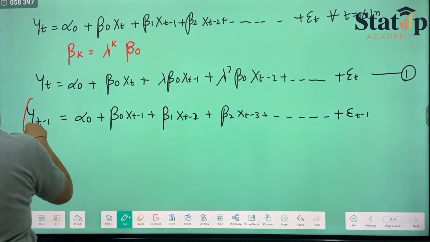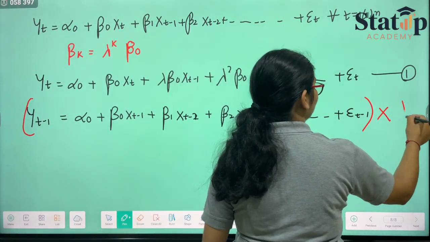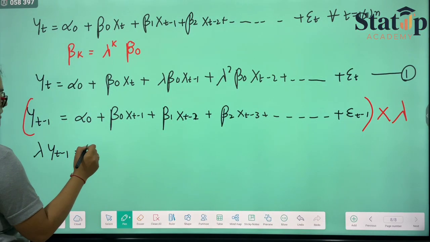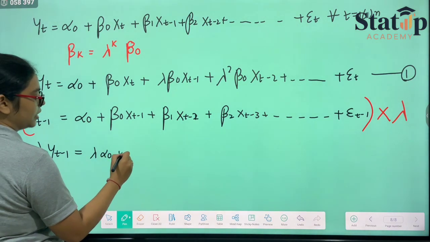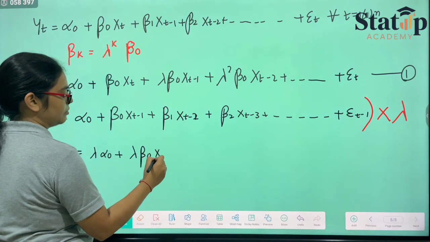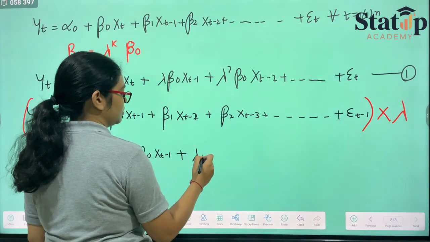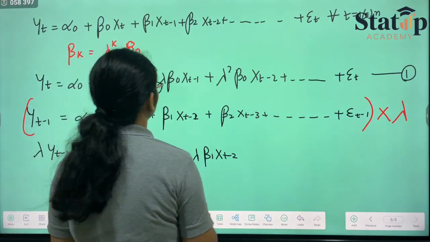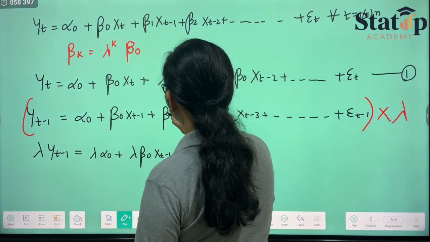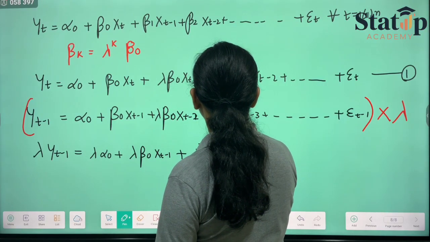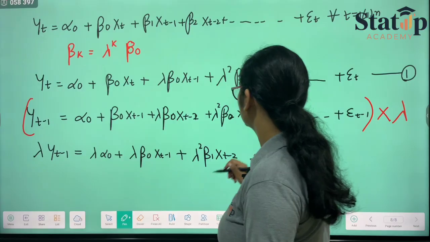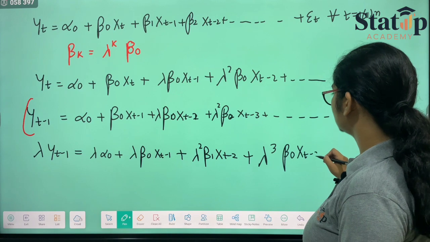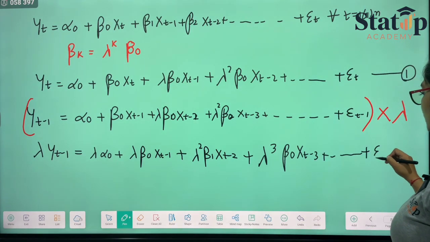Now multiplying this equation by lambda, we get lambda yt minus 1 is equal to lambda alpha naught plus lambda beta naught xt minus 1 plus lambda square beta naught xt minus 2 plus lambda cube beta naught xt minus 3 plus up till lambda epsilon t minus 1.